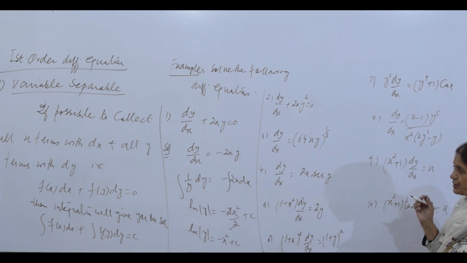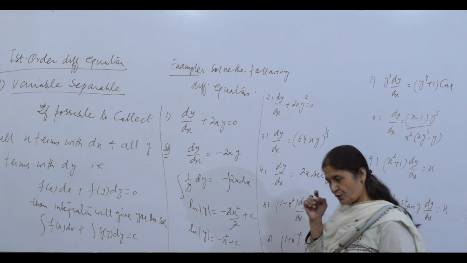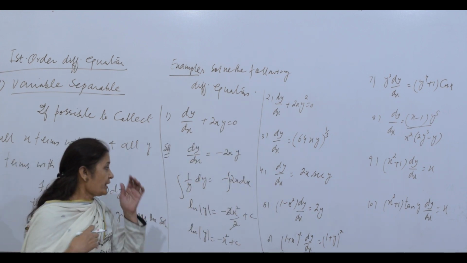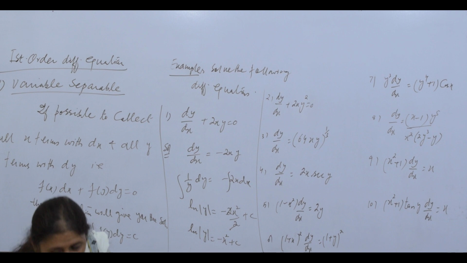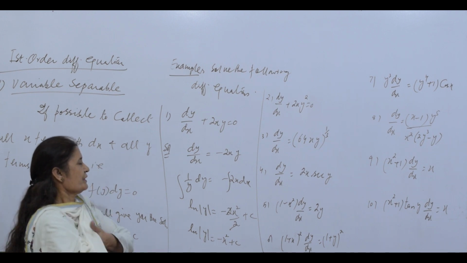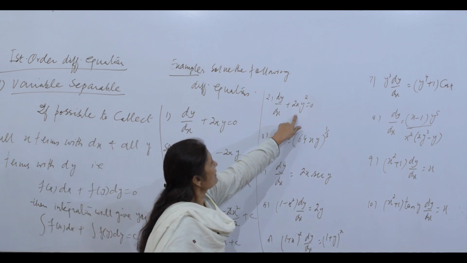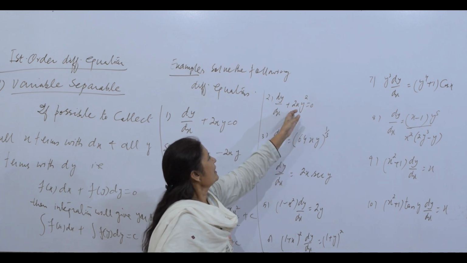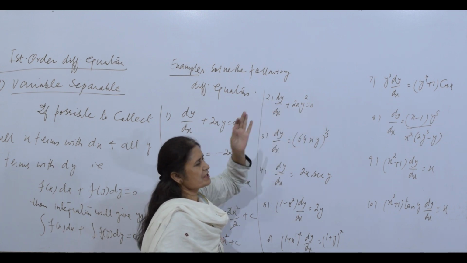So these are the questions in which you are finding the solution by looking at the question. For example, in this one, the same way you can take minus 2x dx with 2x y square in the denominator.